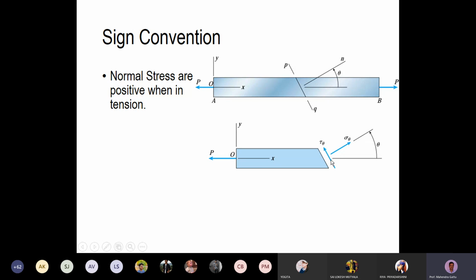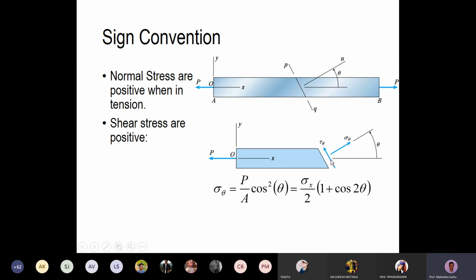And for shear stress, we have discussed the convention. So this is the expression for sigma theta. For shear stress, we have taken the convention that for a positive face, it should act in the positive direction. So this is a positive face, so it is acting in the upward direction. If you have the top face, it should act along the x-axis. And this is a negative face. Here the positive shear stress convention will be that this shear stress is acting in the negative direction.